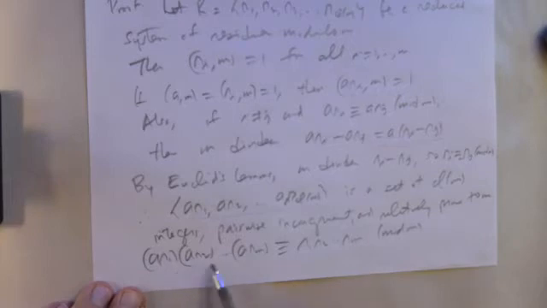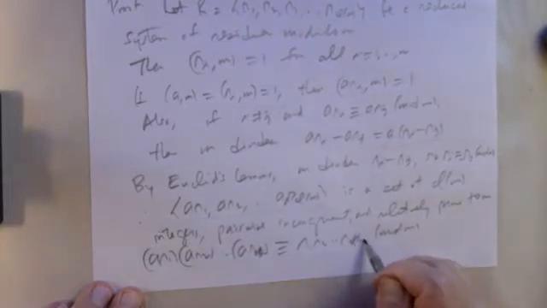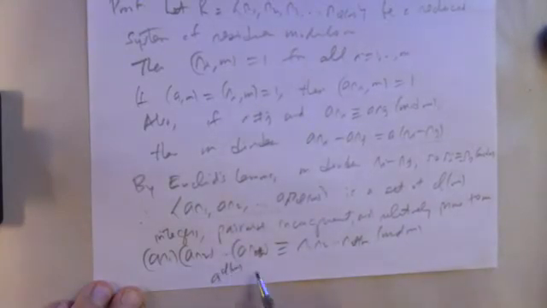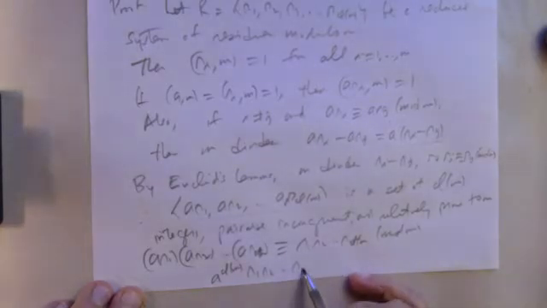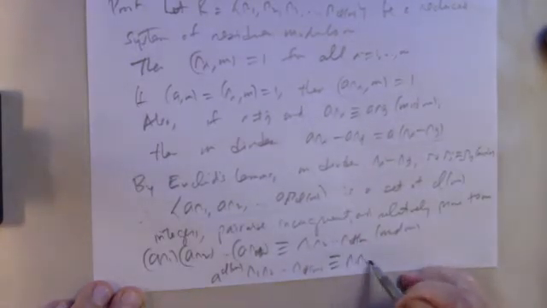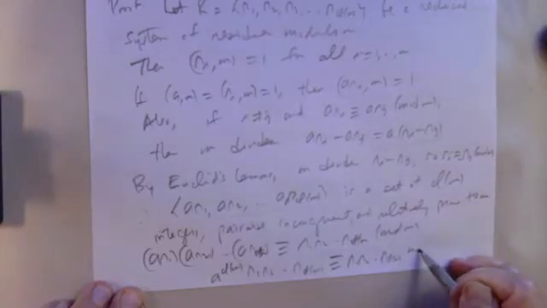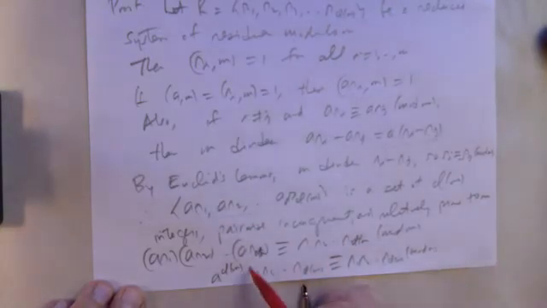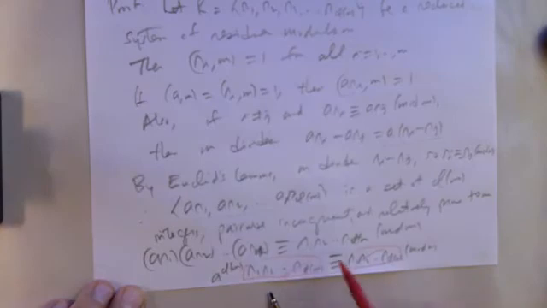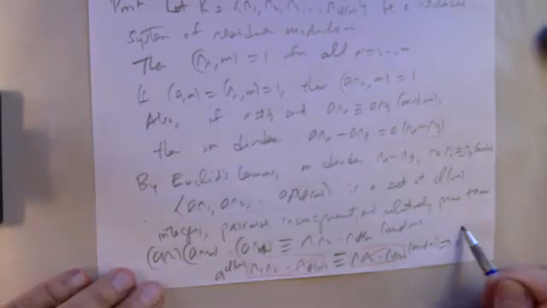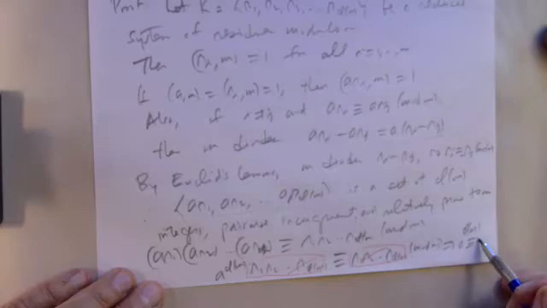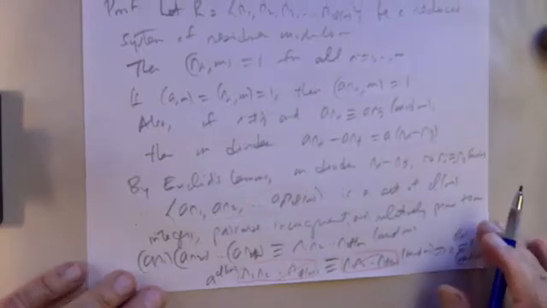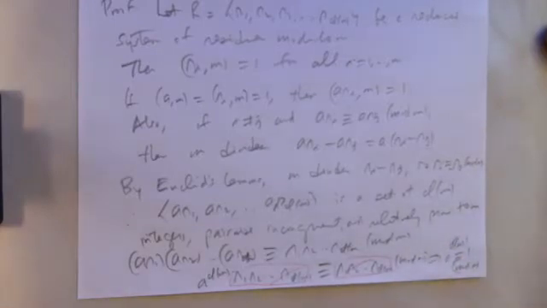I have phi of M factors of A, so A to the phi of M, times R1, R2, up to R sub phi of M, congruent to R1, R2, up to R sub phi of M mod M. And I can cancel this, it's relatively prime to M. So A to the phi of M is congruent to 1 mod M. That's the proof of Euler's theorem, the proof in the book and in my notes and lectures.